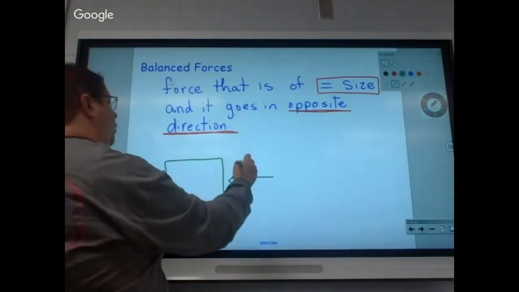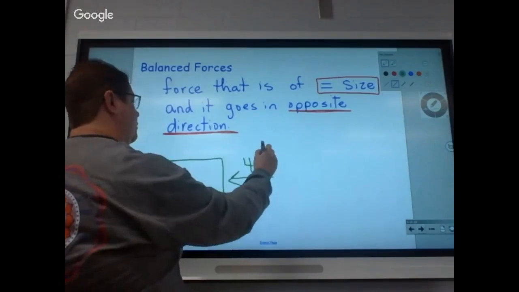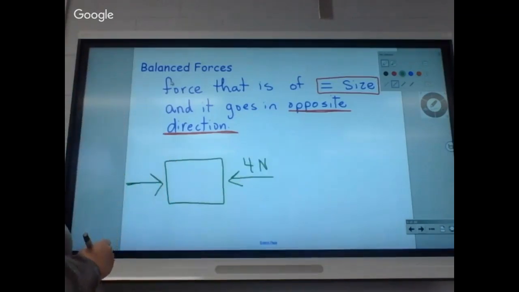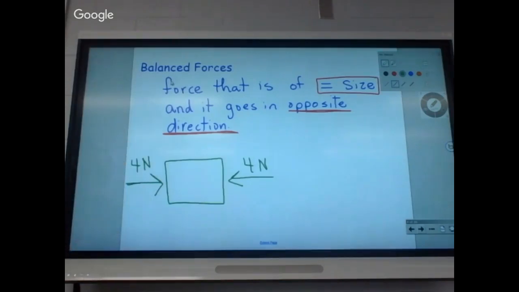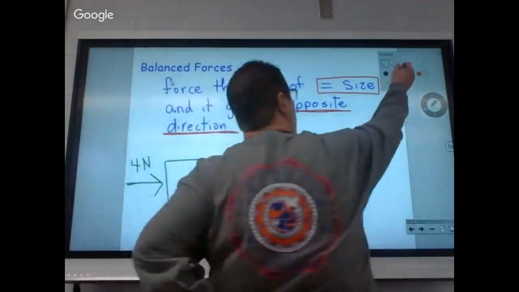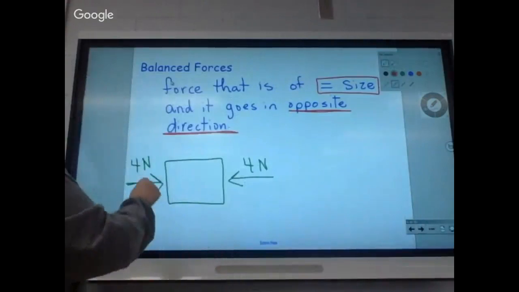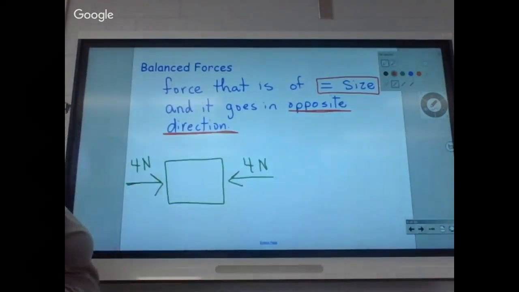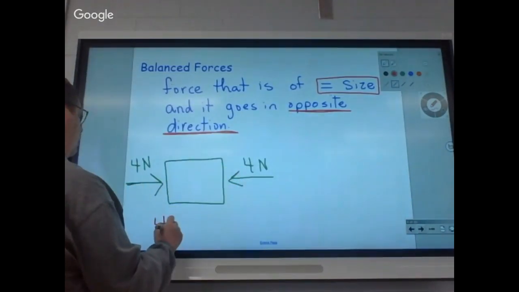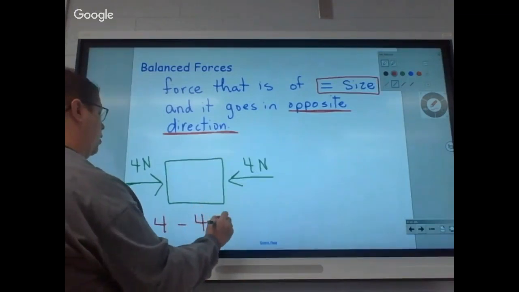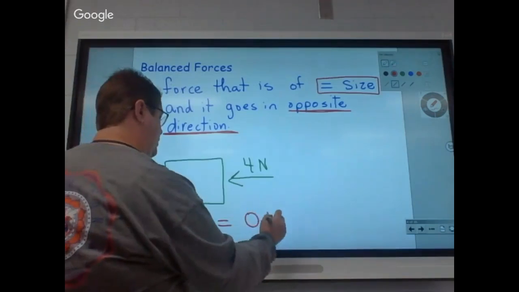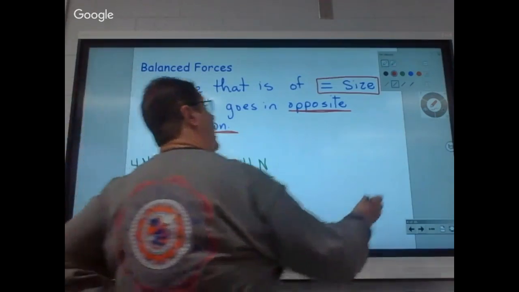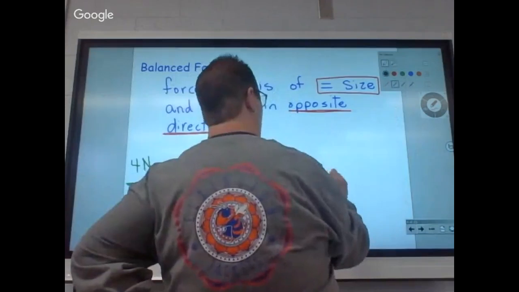So if I put 4 newtons here, what do I have to put over here? 4 newtons. Now, what did we say we would do if they were pointing in opposite directions? So we will say 4 minus 4, which gives us what? 0 newtons.